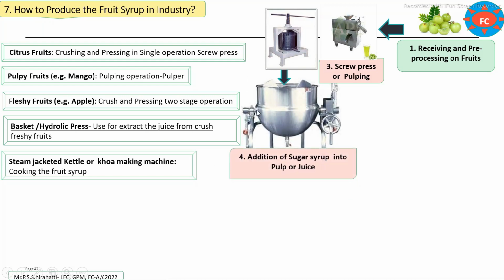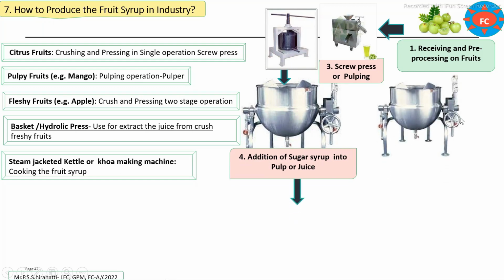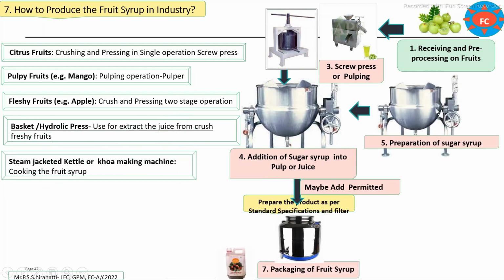Next is the preparation of the fruit syrup, in which syrup is prepared in a separate tank, that is steam jacketed kettles. After this preparation, the syrup is added directly into the fruit juice or the pulp as per the required quantity or the standardization process. And finally, the heating process, that is the cooking of the fruit syrup, is carried out.